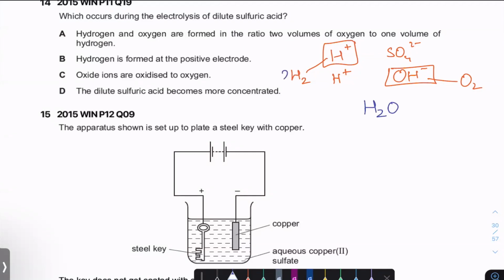So this will be 2, this will be 1. So this one tricked us. Hydrogen formed at the positive electrode. No, hydrogen ion is positive, it will go to negative. Positive will repel it. Where did oxide ions come from? We have hydroxide ions. Dilute acid becomes more concentrated. This is correct because you're removing water technically.